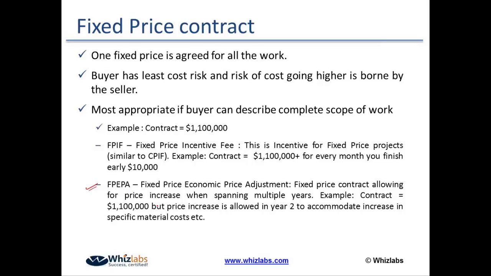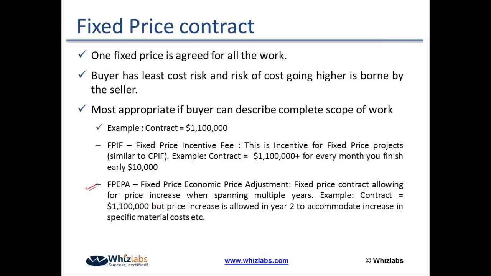It's very risky for the seller to quote one single price, because the raw material cost and the labor cost would increase with time. So in this kind of contract, you would have a price adjustment in the second or third year.